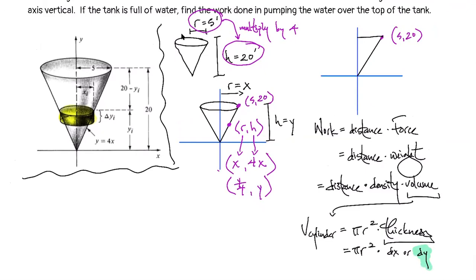If I'm stacking up the y-axis and I'm using dy, that means the equations inside of my integral had better have y's. There's nothing wrong with the x and the 4x if I were stacking this along the x-axis, like a sideways tank. But in this case, we're trying to pump water up and out, which is in the y direction, okay?